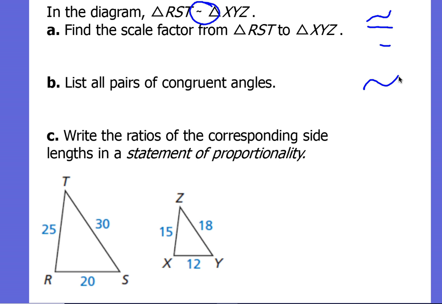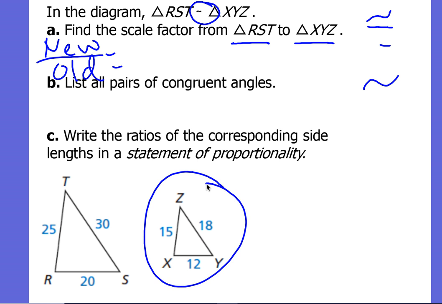So find the scale factor. Well, to find the scale factor, you always want to think about new over old. So we're going from RST to XYZ. That means that the new is XYZ. And so we need to find out which ones match up.